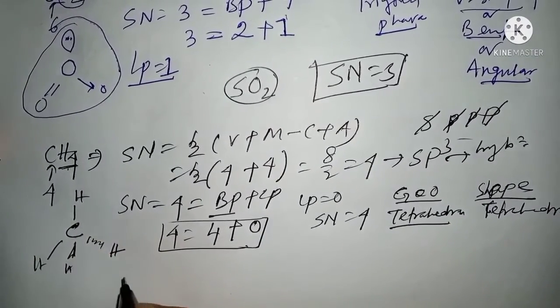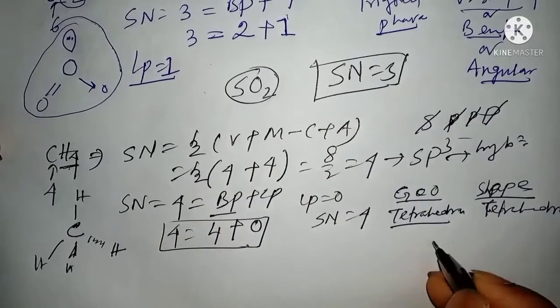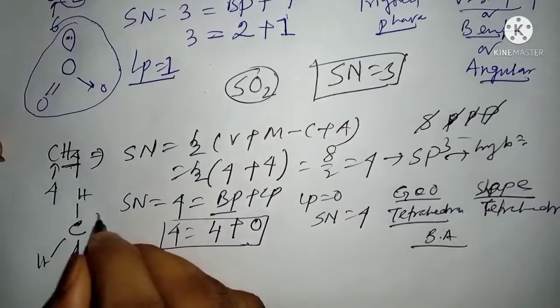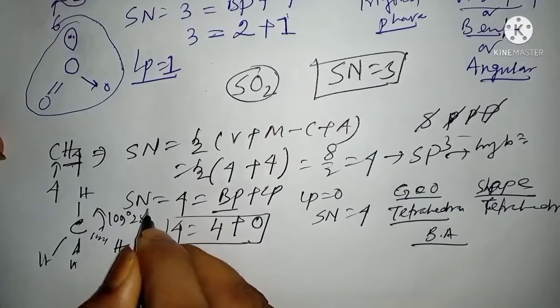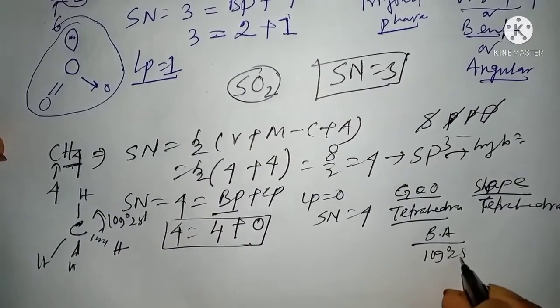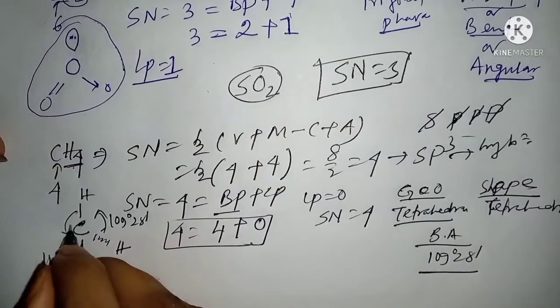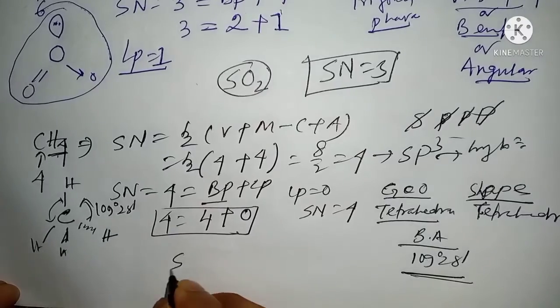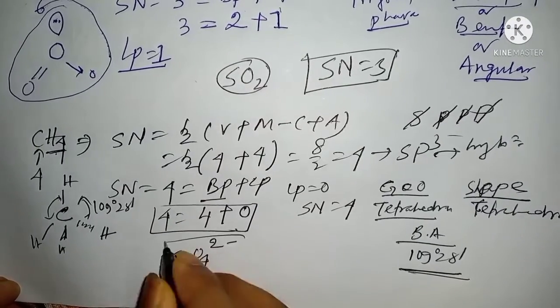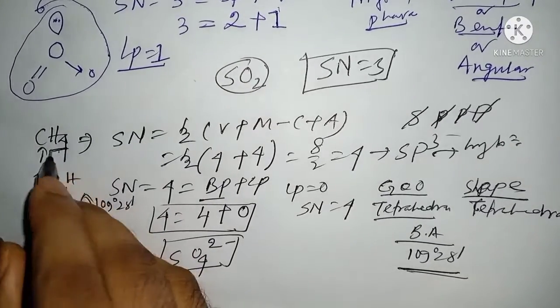This is the tetrahedral geometry. All bond angles are 109 degrees 28 minutes. Now another example, SO4 2 minus, you will try. This is similar to CH4.